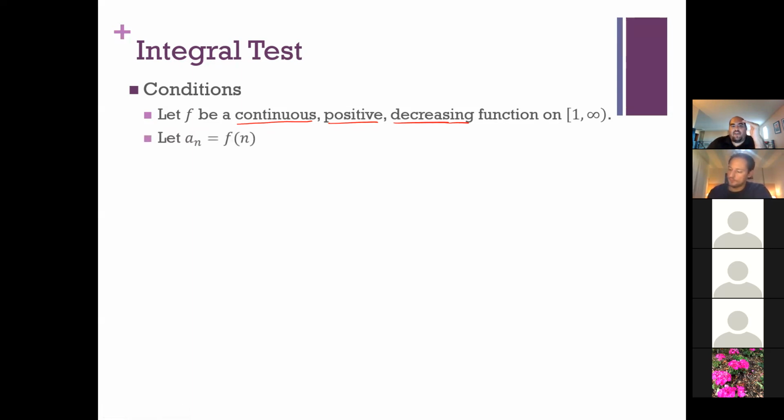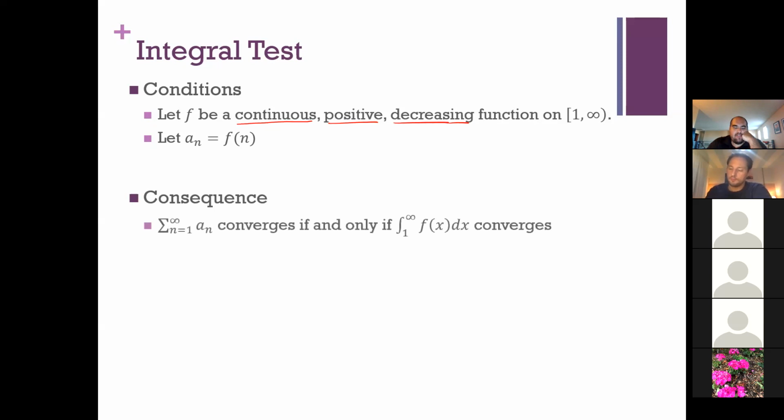And then if I have that function, I need a sequence that agrees with the function at all the integers. If I have those two conditions met, then here's what I'm allowed to do with the integral. I want to highlight one phrase in here, which you may not know the true power of by this point in your math career.